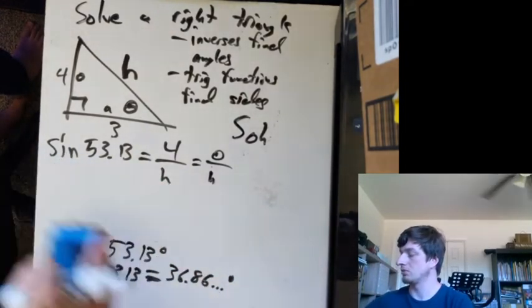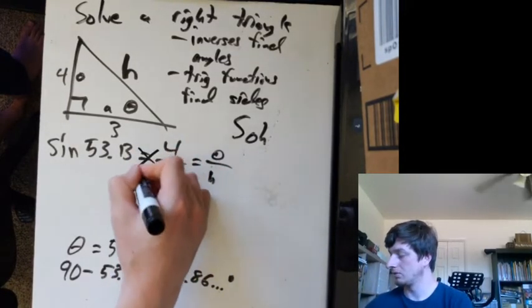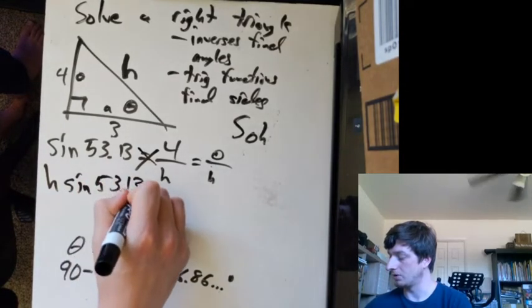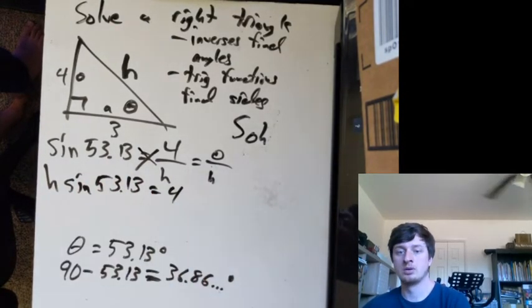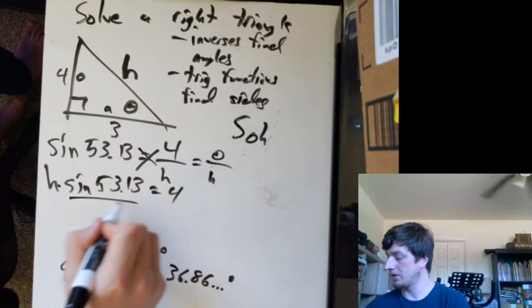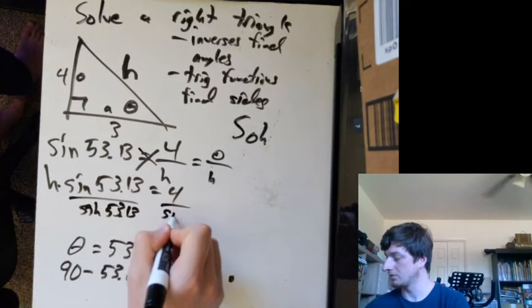We could use cosine. We're going to use sine. We need to get h out from the bottom, so we're going to cross multiply. So we get h sine 53.13 equals 4. And then we would divide by sine 53.13 on both sides.